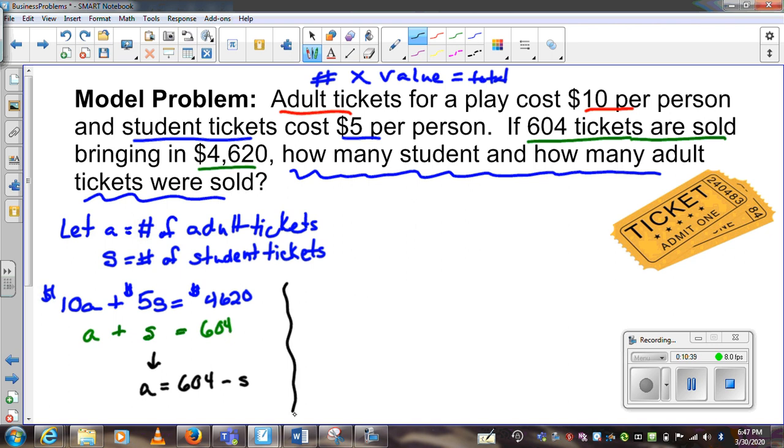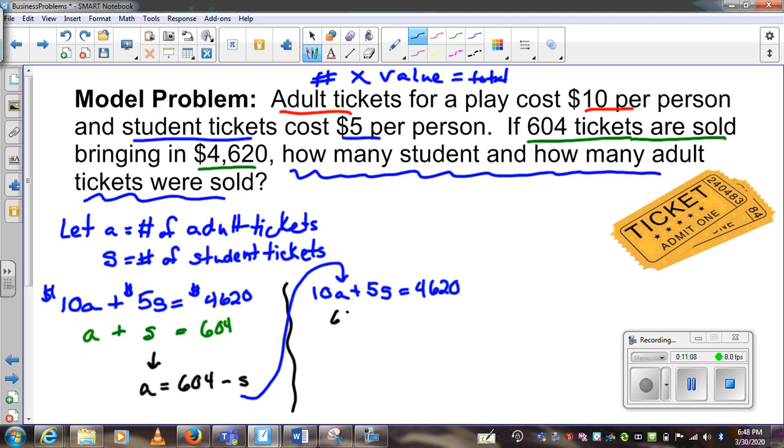So I'm going to use substitution. So I'm going to do 10A plus 5S. No, that's not G. That's actually an S. See, I told you sometimes those variables, if you use an S, can get a little confusing. So 5S is equal to 4,620. And I'm going to bring in this A and put it right in here.